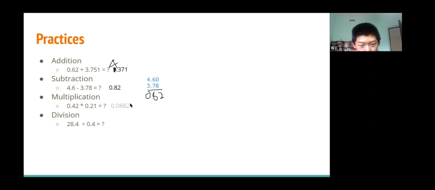Multiplication, this equals 0.0882. In division, this should equal 71.